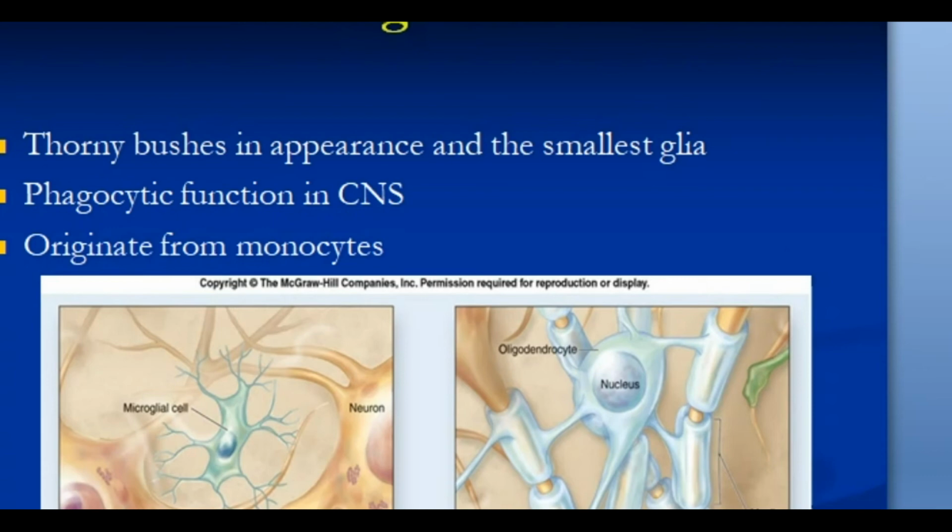They are involved with inflammation and repair in the adult CNS. Microglia act as antigen presenting cells. They secrete a number of immunoregulatory cytokines.